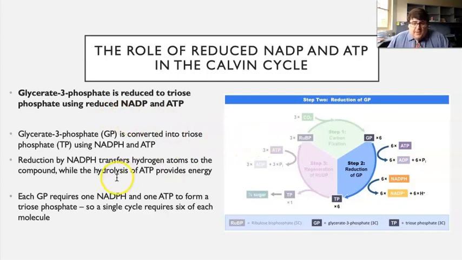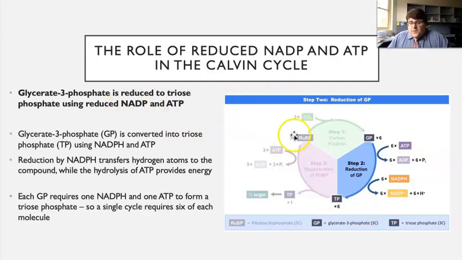Each GP molecule requires 1 NADPH and 1 ATP to form a triose phosphate. So each cycle requires 6 lots of ATP and 6 lots of NADPH in order to reduce glycerate 3-phosphate into TP at the end of step 2.